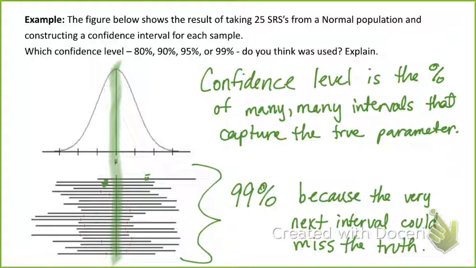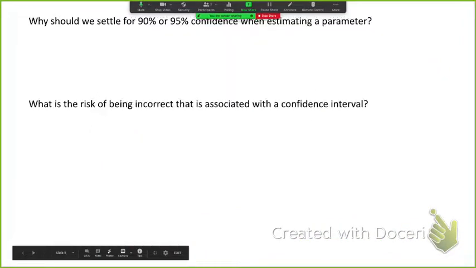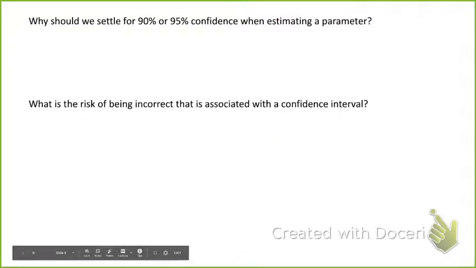So this is just a small selection. The very next one could miss it. Okay? So why are we going to settle for 95 or 90 or 95, you guys? Why not be 100% confident? Because sometimes it's not going to be there.